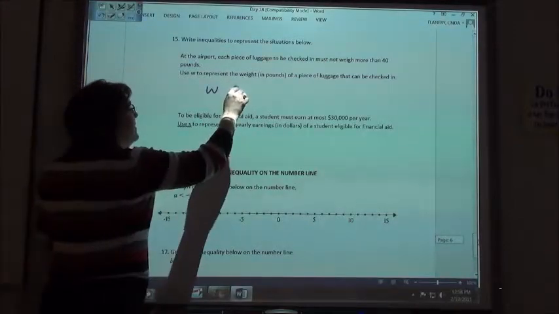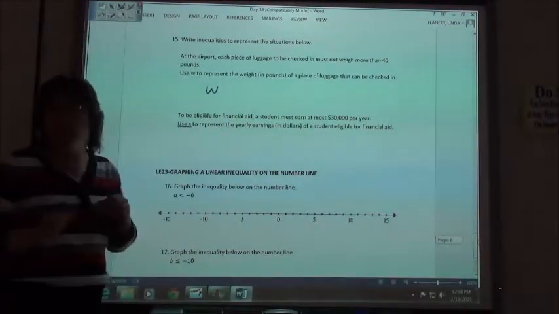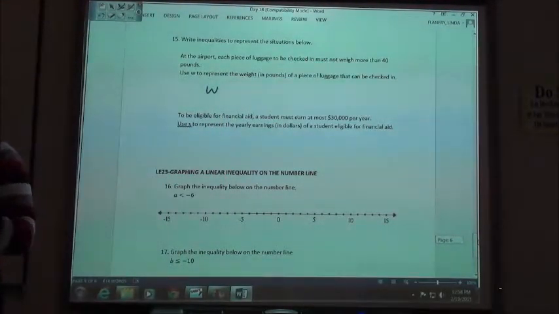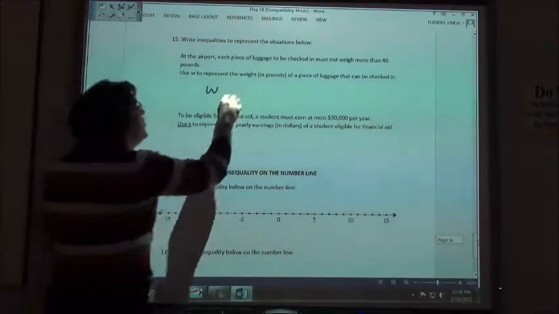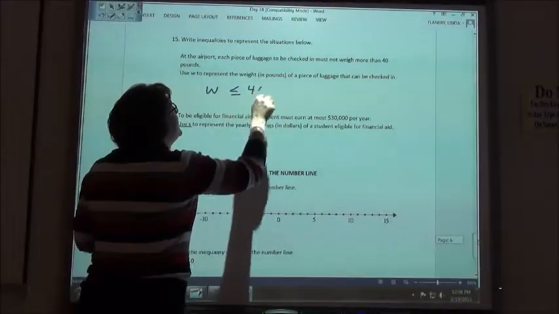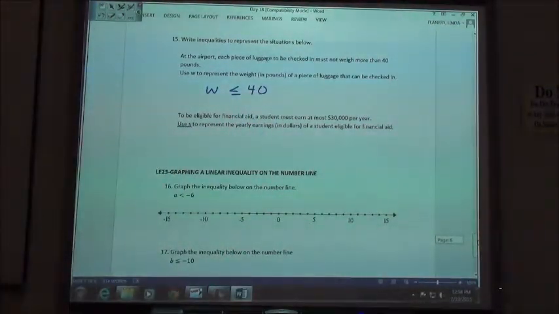Can it be equal to if it's not more? Yes, it can be equal to. If it's not more, it still can be equal to. So it's less than or equal to. So when it says "no" or "not" in there, it still can be equal to.